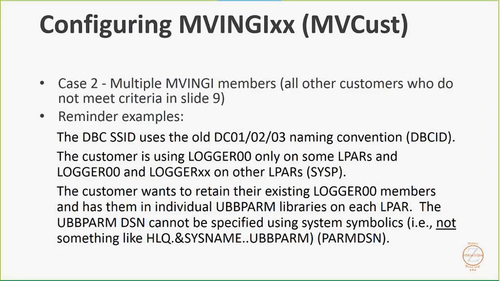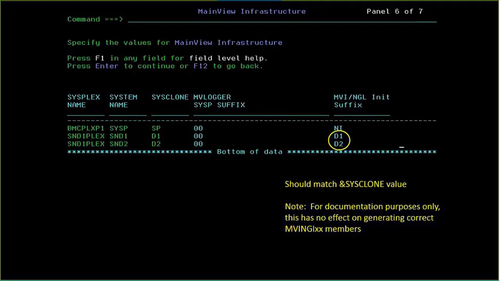In any of those cases, you're going to need multiple MVI and GI members. And as I suggest, you probably want those to end in &SYSCLONE, so at least in your 465 init, you can say &SYSCLONE for the suffix value. And that way, each data collector will point at the correct MVI and GI member without you having to go and fool around and try and make it into the correct thing.